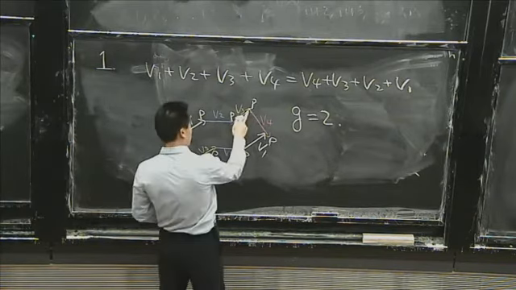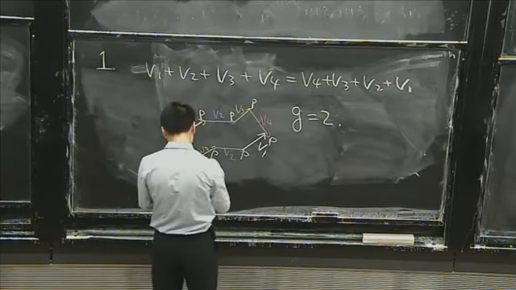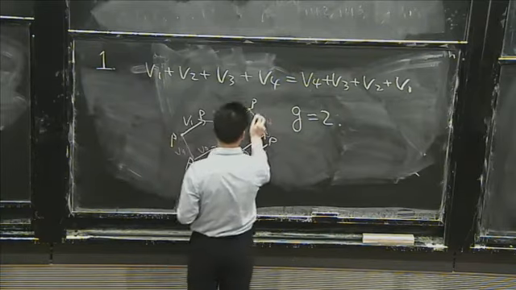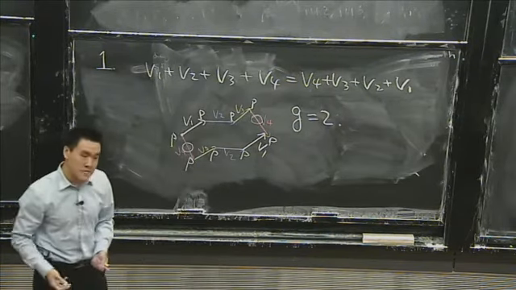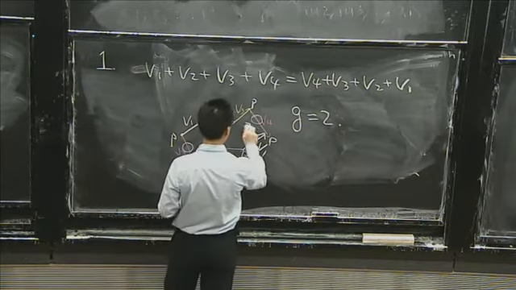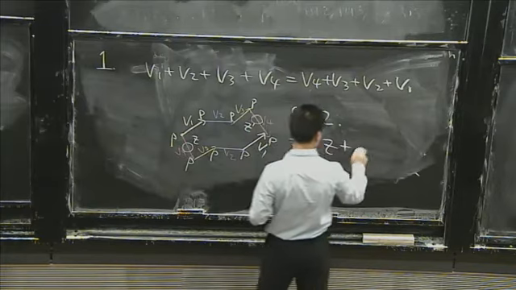And away from the point P, if you take two charts, see here, the transition function is just given by translation. Suppose here is z prime, here is z. So z prime is just z plus a constant.